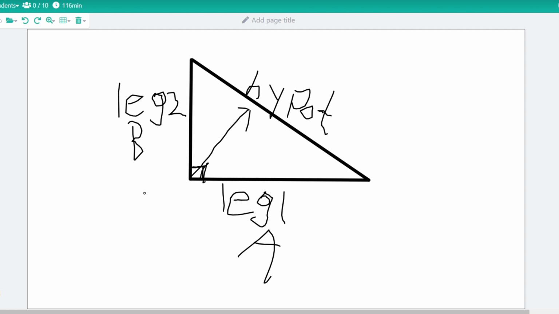I'm just going to write hypot for short. So this is the long side. These are the short sides.